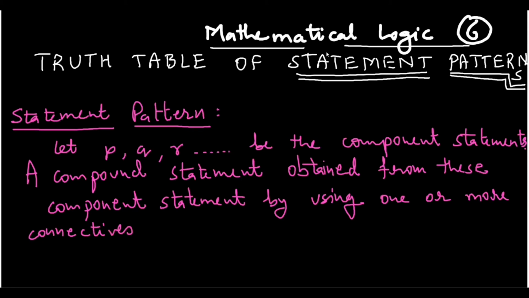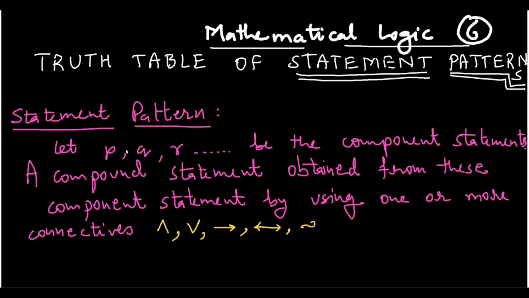What are those connectives? They are and, or, implication, double implication, negation. Okay, so I repeat the whole thing once again.